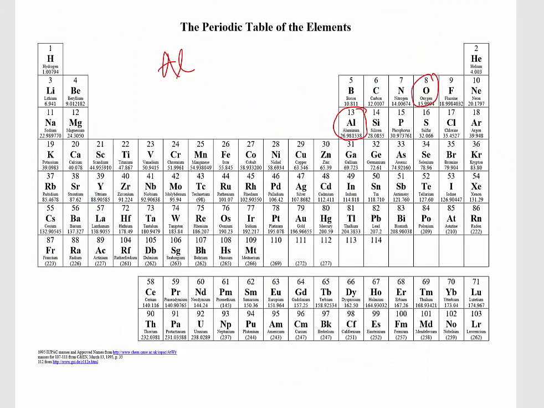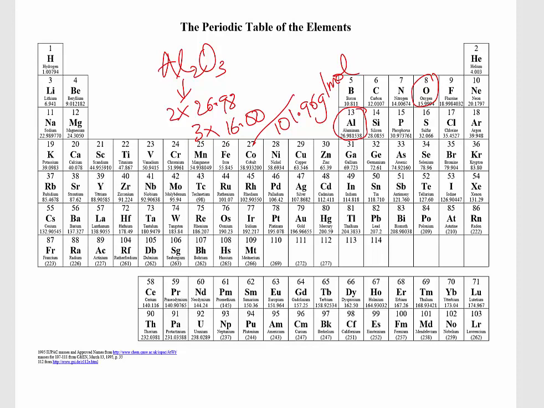So I have aluminum oxide, 2 multiplied by 26.98 for aluminum and 3 multiplied by 16.00 to 2 decimal places for oxygen. If you add up everything here, you should get approximately 101.96 grams per mole for aluminum oxide.